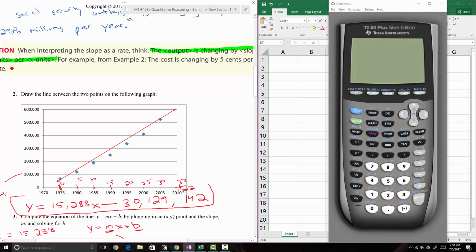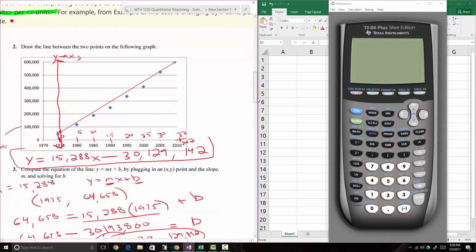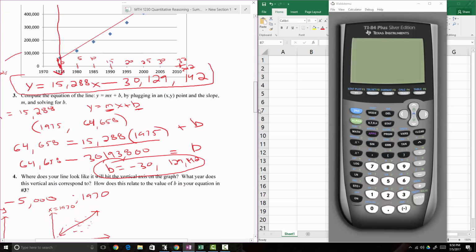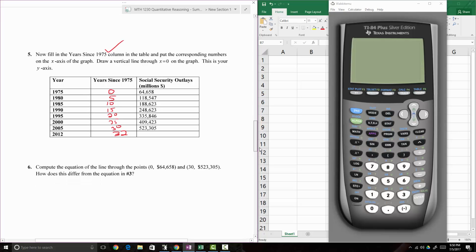It asks us to draw a vertical line through 0, so that would be here. Now this is my y-axis. We just moved my x values so that 1975 is an x value of 0.